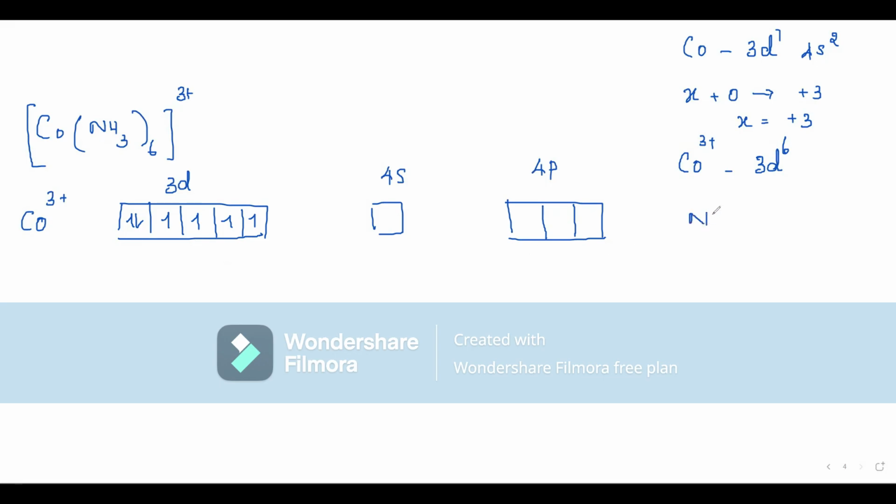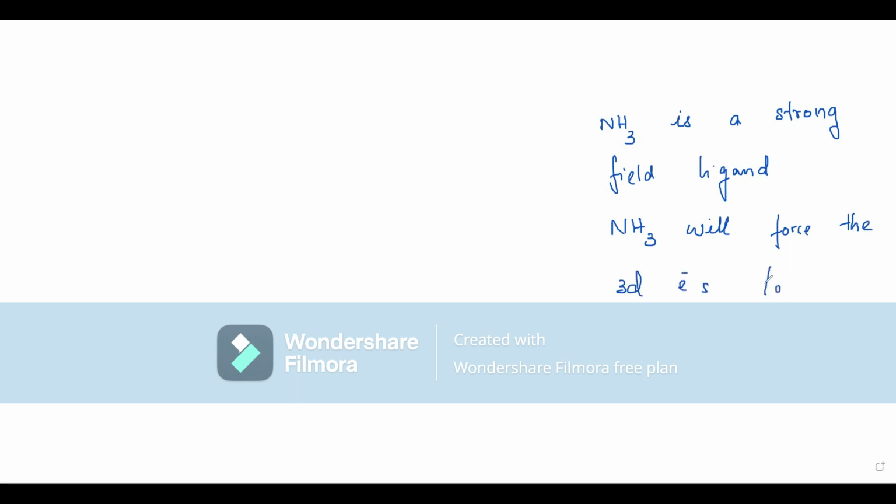Again, NH3, just like I told you in the case of cyanide, is a strong field ligand, which means NH3 will force the 3d electrons to pair up.